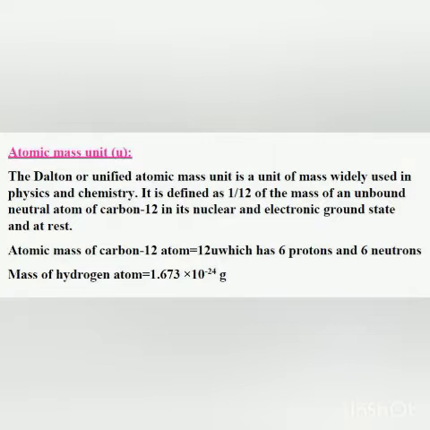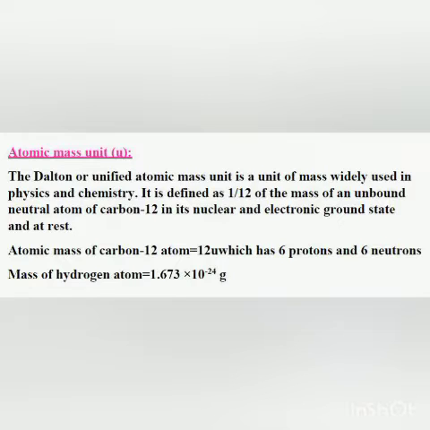Now, atomic mass unit. What is atomic mass unit? You know that atoms are too small to see. We cannot see atoms. They are so small that it is even more difficult to measure the weight of the atoms.